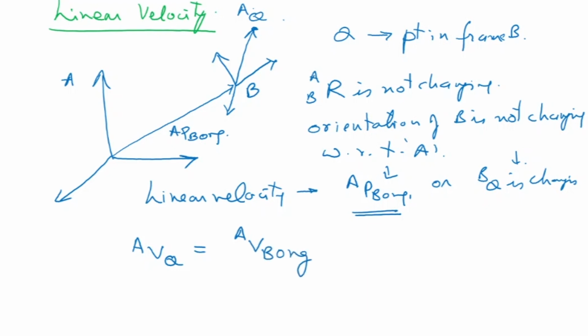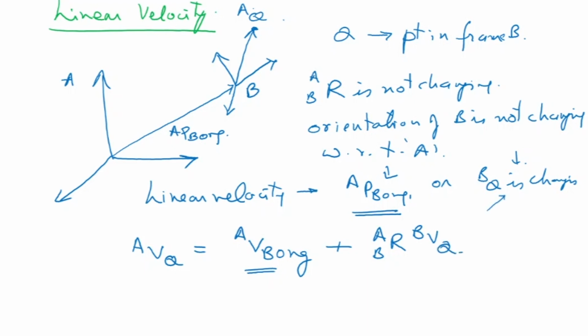So that is the linear velocity between the origins of the two frames A and B, plus, if the point Q is changing in B itself, we put a rotation matrix there and say this is B, VQ. Okay, that is this part.